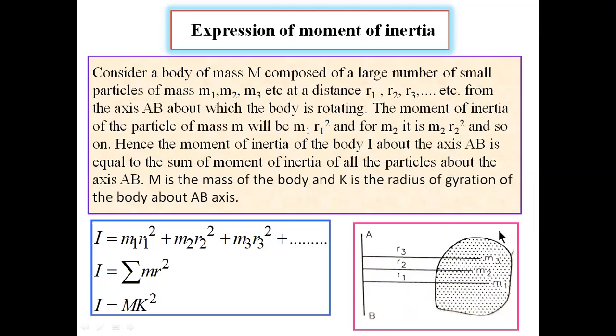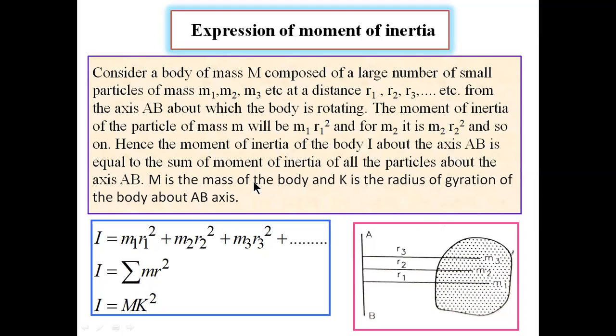So the moment of inertia of the particle m1 is m1 r1 square. The moment of inertia of the particle m2 is m2 r2 square, and for m3 it is m3 r3 square. And the moment of inertia of the body I about the axis AB is equal to the sum of moment of inertia of all the particles about the axis AB.